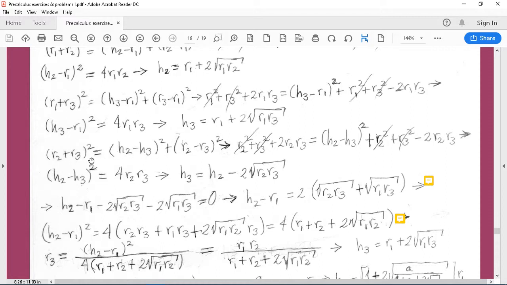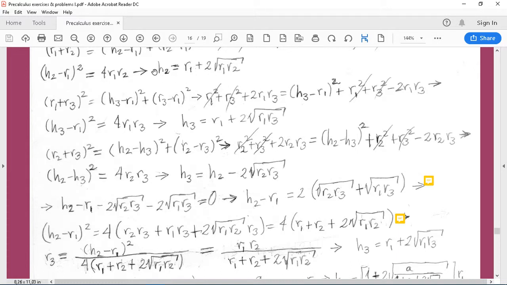Expanding, we have that R2 squared plus R3 squared plus 2R2R3 equals the square of H2 minus H3 plus R2 squared plus R3 squared minus 2R2R3. Then the square of H2 minus H3 equals 4 times R2R3, and so H3 equals H2 minus 2 times the square root of R2R3.